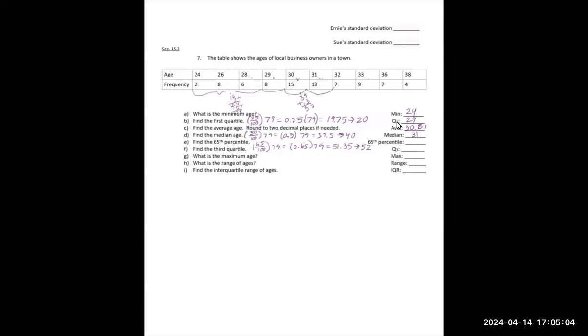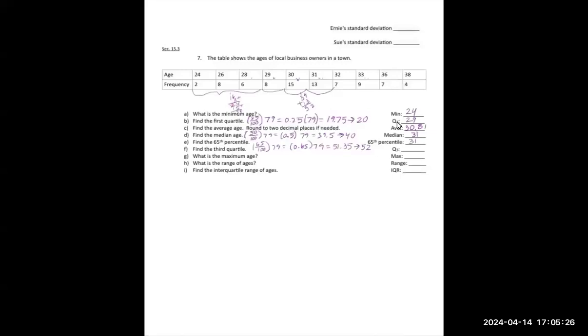So the last person, the 52nd person in line, is the last person who responded 31. They are 31 years old. So the 52nd person is 31 years old.